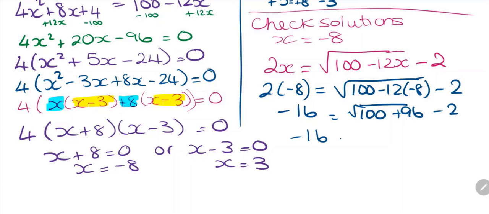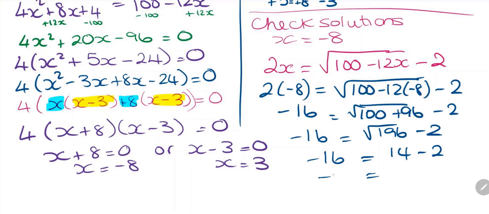So minus 16, the root of 196 minus 2 is going to be 14 minus 2, which is 12. So it's not equal. So x equals minus 8, as I said, is not a solution.